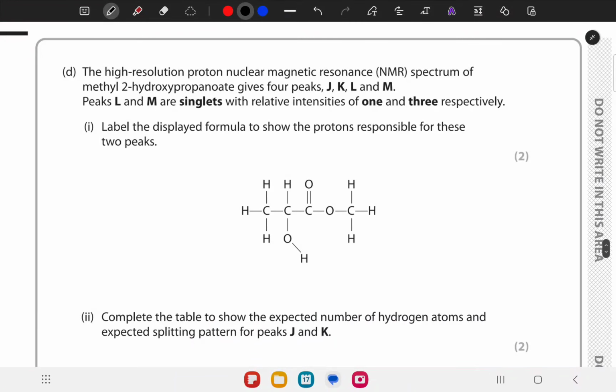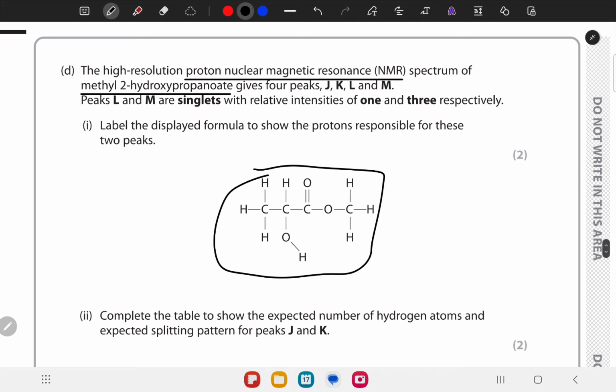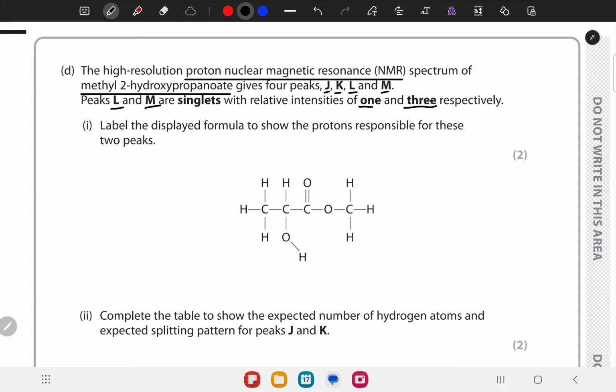Now in part D, we are given the high resolution proton NMR spectrum of methyl 2-hydroxypropanoate. So this compound gives 4 peaks, J, K, L and M. L and M are singlets with relative intensity 1 and 3. We have to find where that's from.